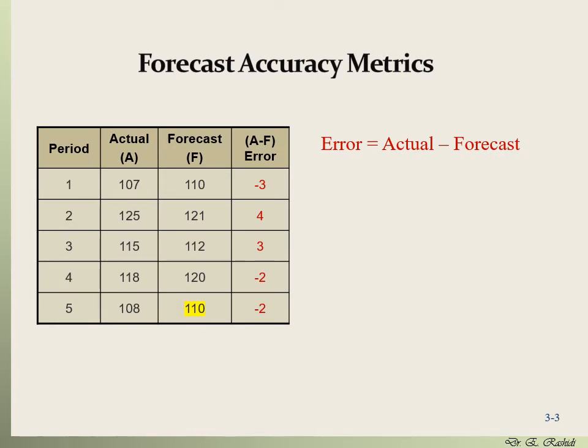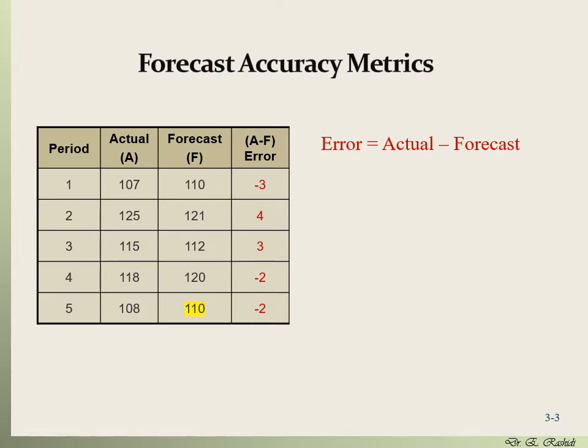Forecast accuracy metrics. As we stated earlier, any forecasting technique that you want to use, or want to suggest to, for example, your boss, has to come with its accuracy level, the level of accuracy it has shown in previous examples or previous use.